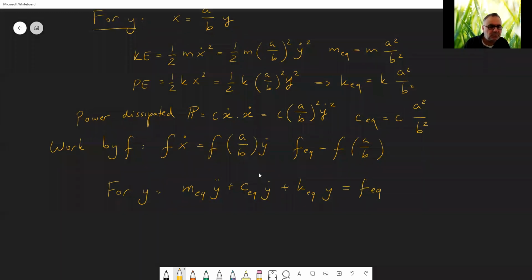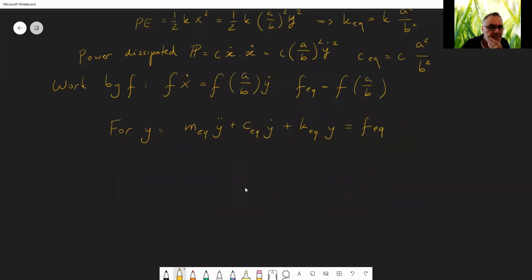But if you carry everything together, what you get will be something like this: m y double dot plus c y dot plus k y. These are not the equivalent quantities, but then you will have not a over b, but b over a, because you have all these things squared here.